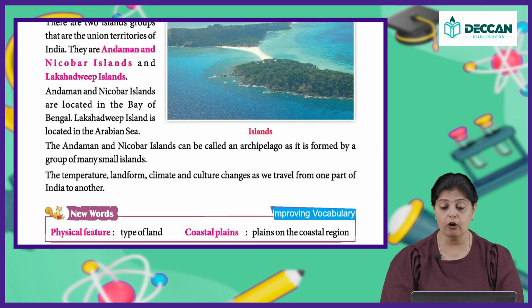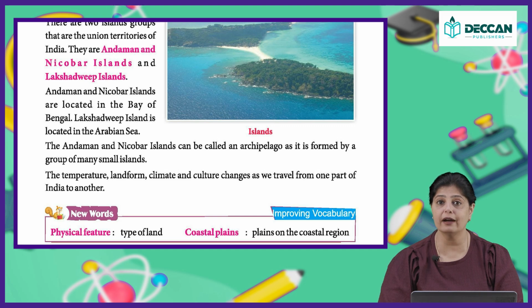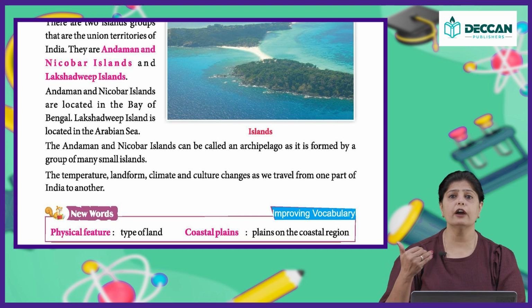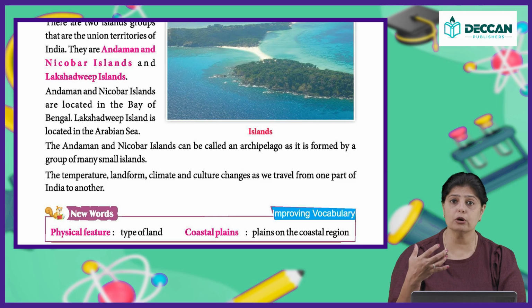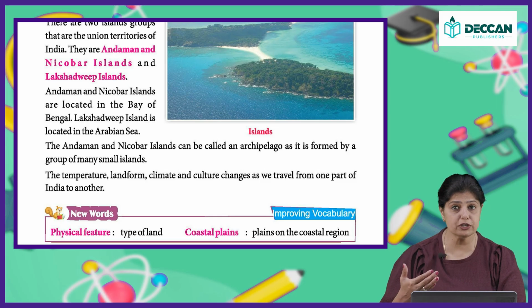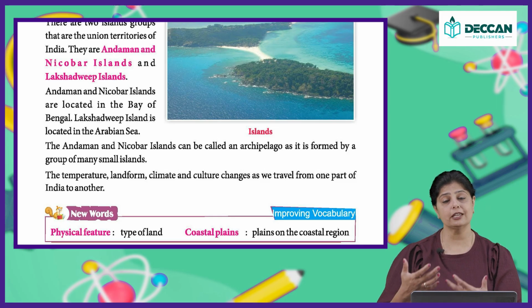Now the temperature, landform, climate and culture change as we travel from one part of India to another. So if you keep on traveling, say for example, if you start from Jammu and Kashmir and move towards Punjab, you will see that things keep changing.